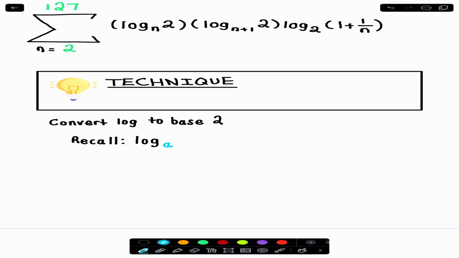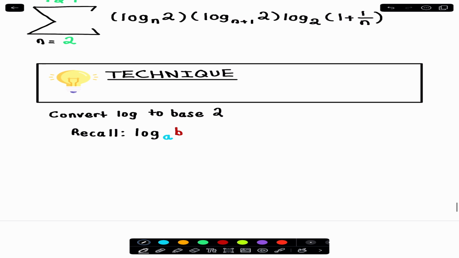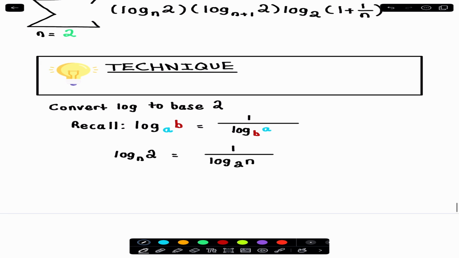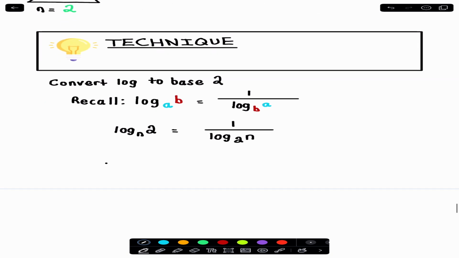So if we have log base A of B, this is equivalent to 1 over log base B of A. So that's what we're going to use here, because log base n of 2 is equal to 1 over log base 2 of n. And then we also have log base n plus 1 of 2 is equal to 1 over log base 2 of n plus 1.